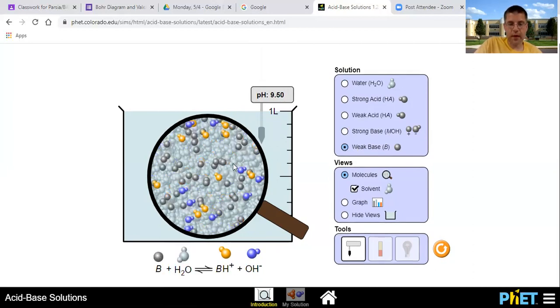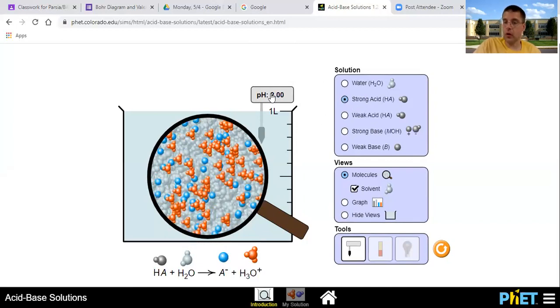How do you think a weak base will look? Base in water, a weak base. What do you notice? Some of them dissociate, some do not. So again, not full dissociation, and therefore there could be an extra little bit of hydrogen in there. pH is not as high. So for a strong acid, 100% dissociation, lower pH, lots of dissociated hydrogen.